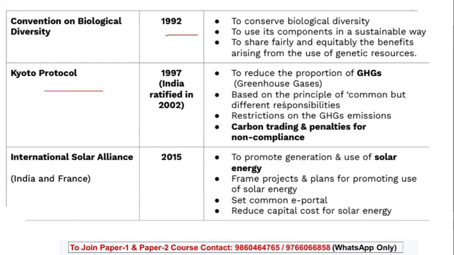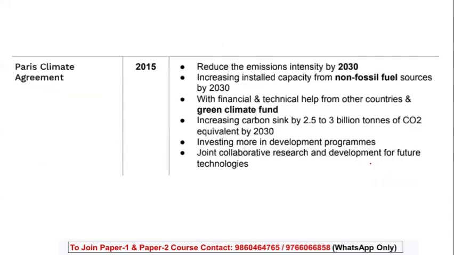Kyoto Protocol, which is in reference to greenhouse gases. India ratified it in 2002. It actually started in 1997, with carbon trading and penalties for non-compliance if you're not following the rules. International Solar Alliance, that is India and France, started in 2015 with the promotion of the use of solar energy, setting up an e-portal and reducing the total cost of solar energy.